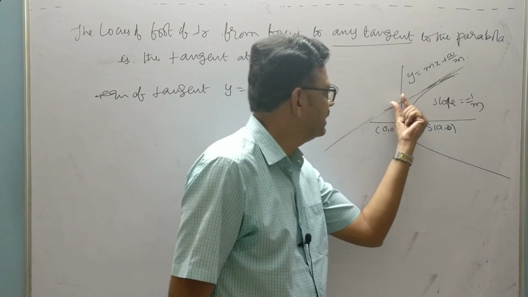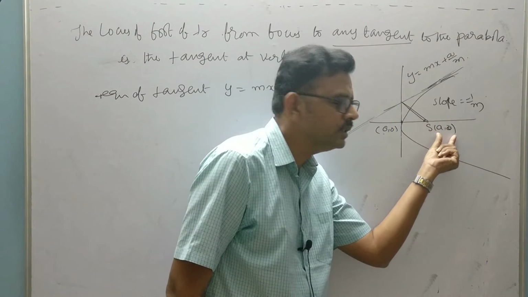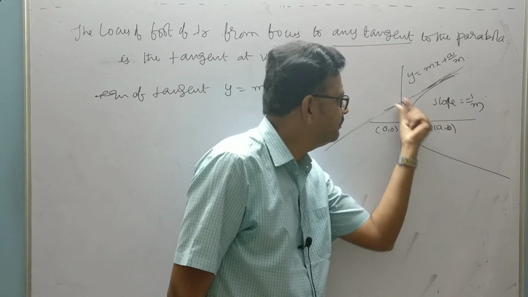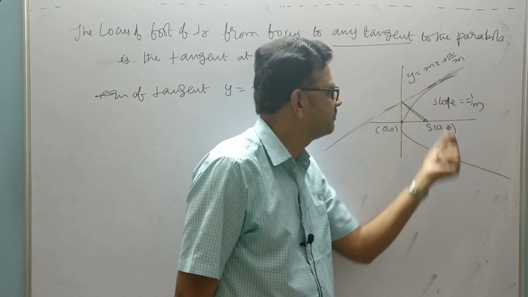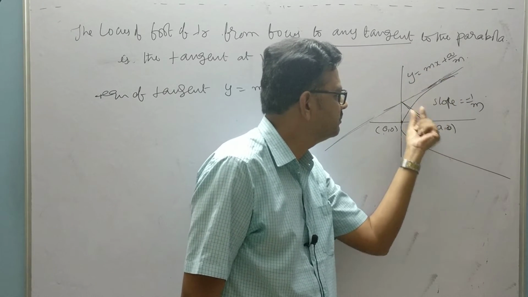Now the equation of the line which passes through (a, 0) and is perpendicular to this tangent. The slope is m, so the slope of the perpendicular is minus 1 by m.